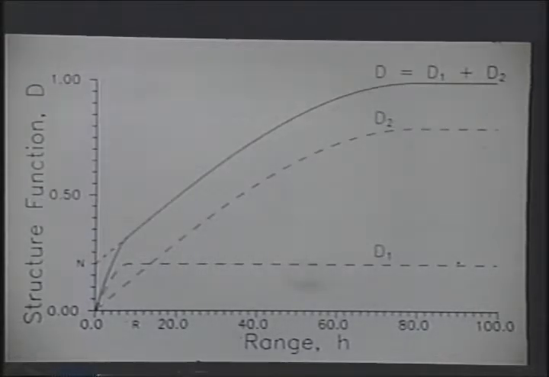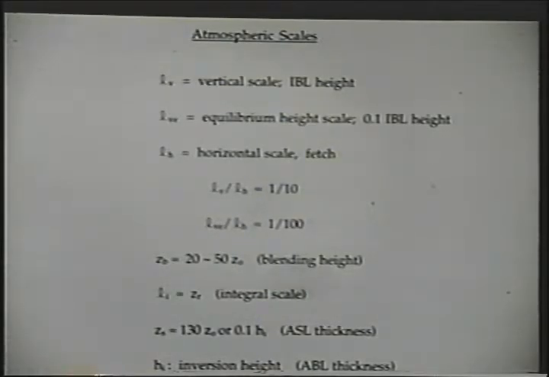All right, I think we can now wrap it up. We have, in this talk, looked at a number of scales, and let me briefly review them. I've talked about the vertical scale, characteristic vertical scales. That could be the height of the internal boundary layer when you have a change in roughness, or the height of a smoke plume released near the ground surface.